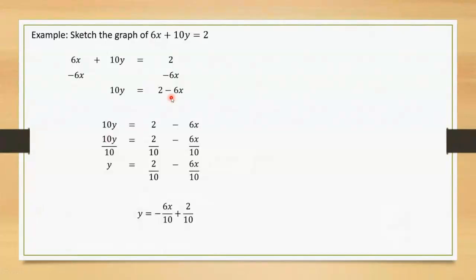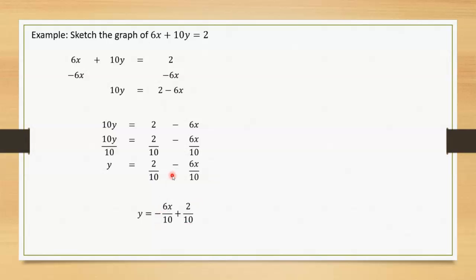Then let's get y in terms of x. We divide both sides by 10, so the 10s cancel, and we get y equals 2 over 10 minus 6x over 10. Writing it this way, we get this.